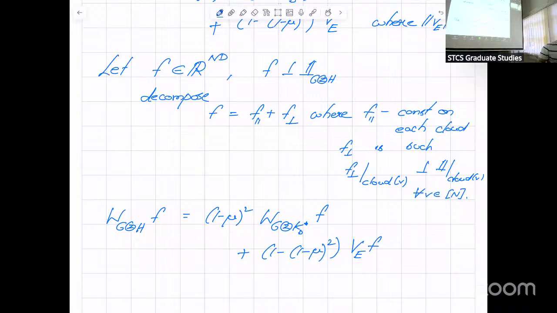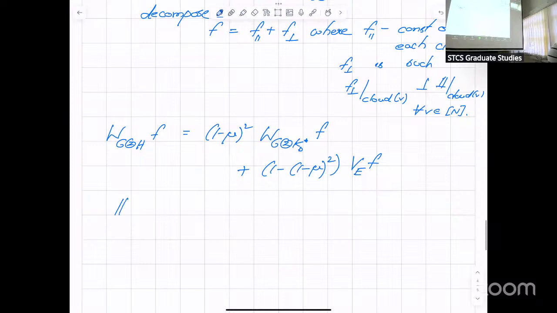When we are done, W_GZH of F: the first one, we know it shrinks by at most lambda.